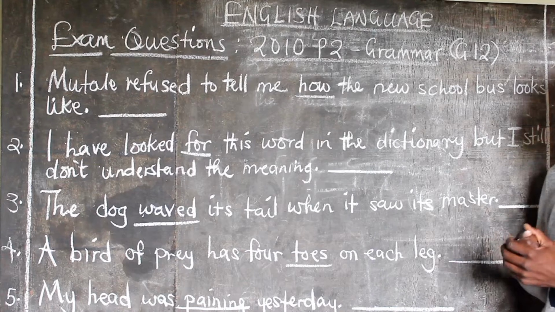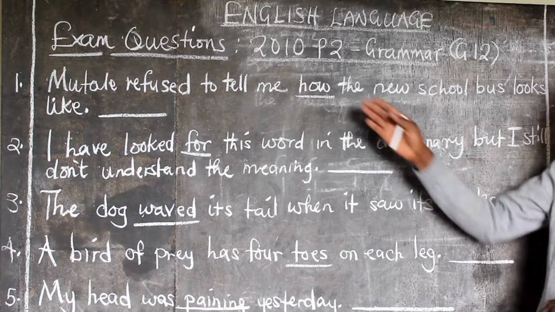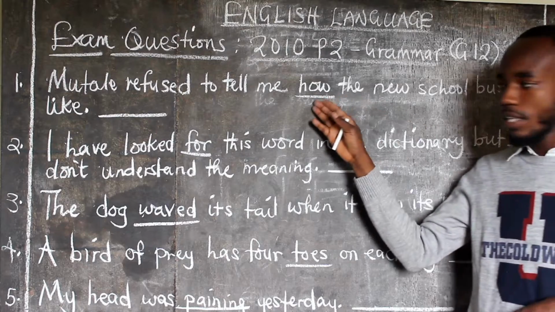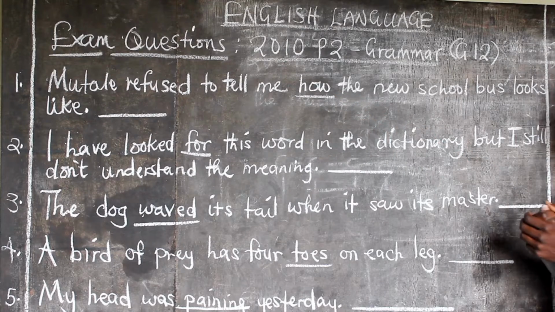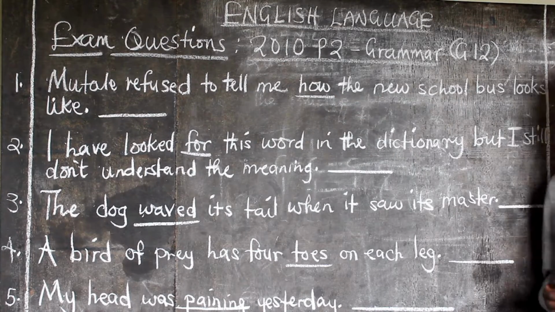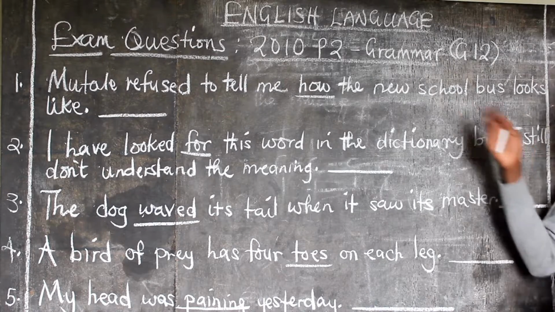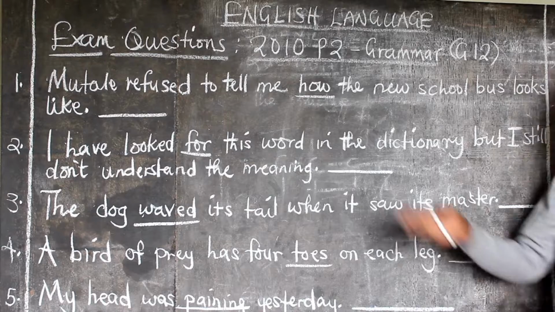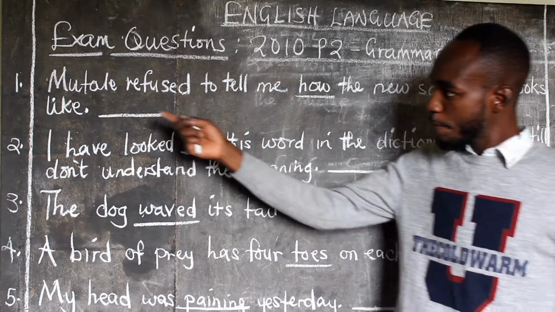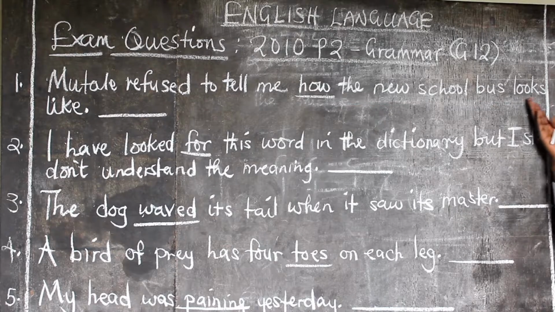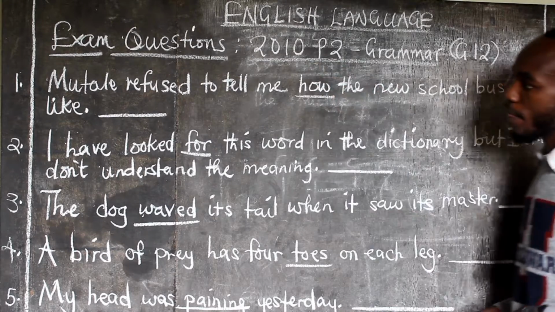These are grammar questions. The sentences have some words that have been underlined, and these underlined words are incorrect. Therefore, we need to provide the correct words. When you look at the first one, it says, Mutale refused to tell me how the new school bus looks like.